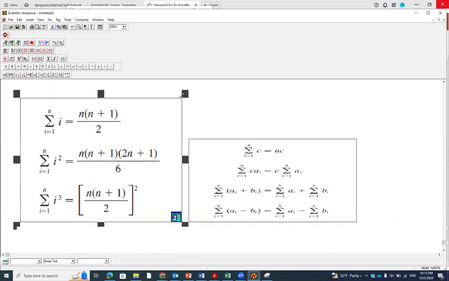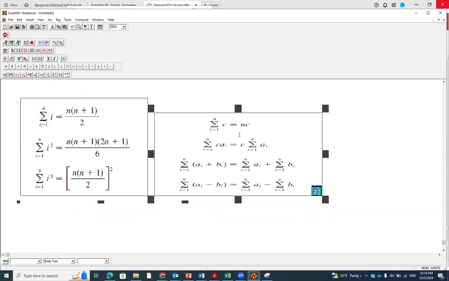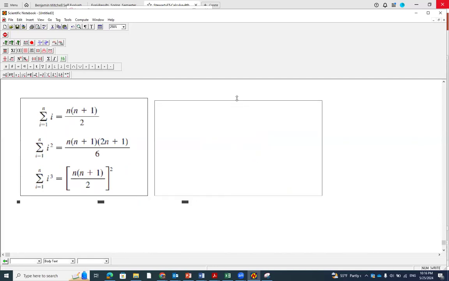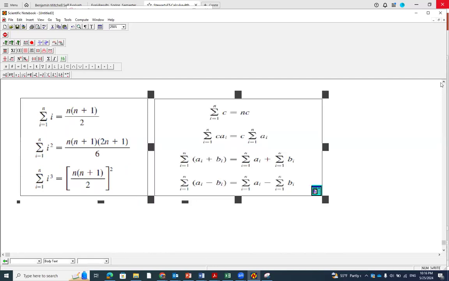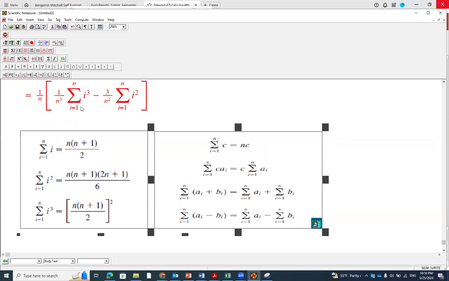How are we going to use them? Well, first we have to identify which one is useful to us. i raised to the power 3 added from 1 to n, so this third formula is going to apply here, and this second formula, the sum of i squared, is going to be applied here.